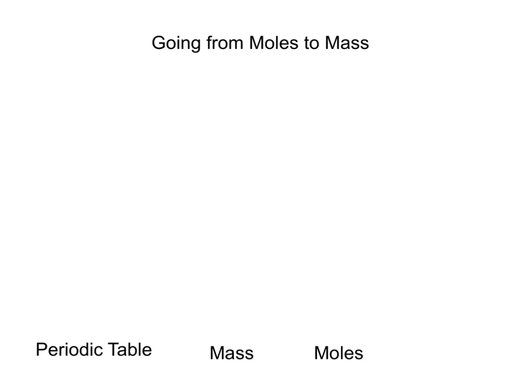Now, if I'm going in the other direction, and I'm given the amount of moles of something, and I'm supposed to go to mass, then I would just do the reverse. I would take what I've been given. Say I've been given 2 moles of sodium.